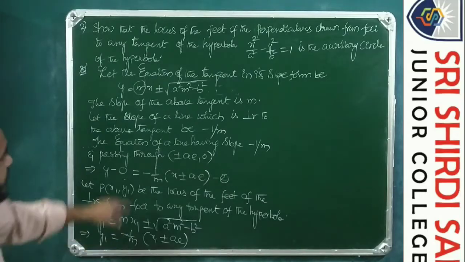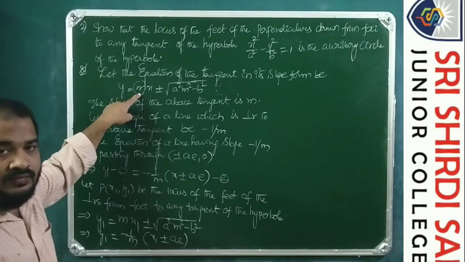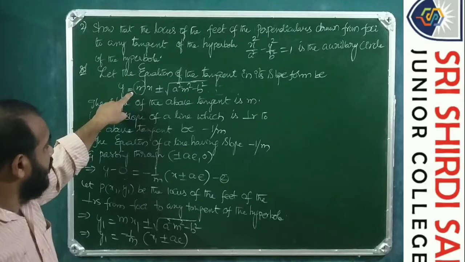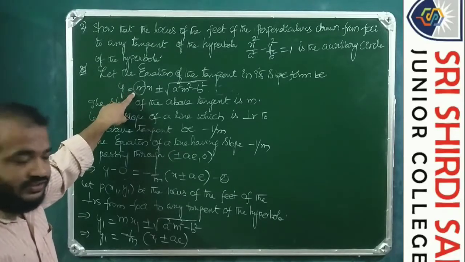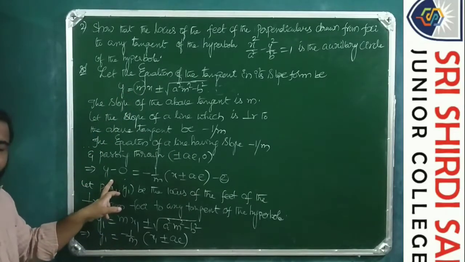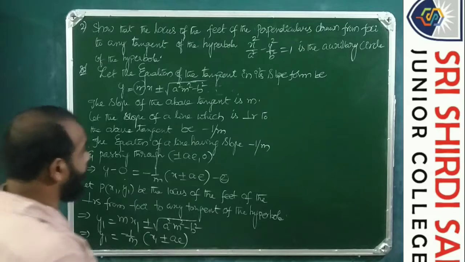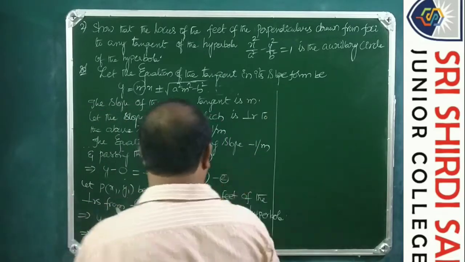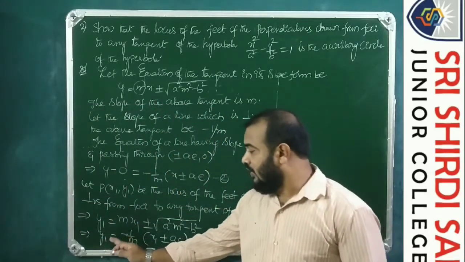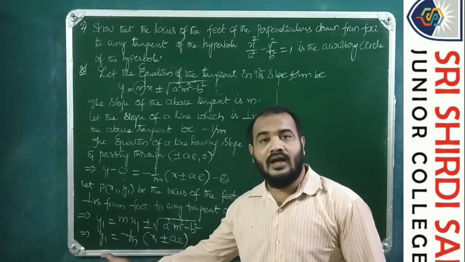So since this line is passing through P(x1, y1), the point has to satisfy this equation. In a similar way, for this one also the point of intersection is the same. Therefore these are the two equations that we got. Now we need to eliminate m here.